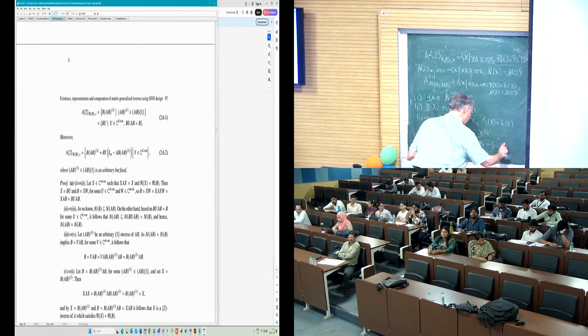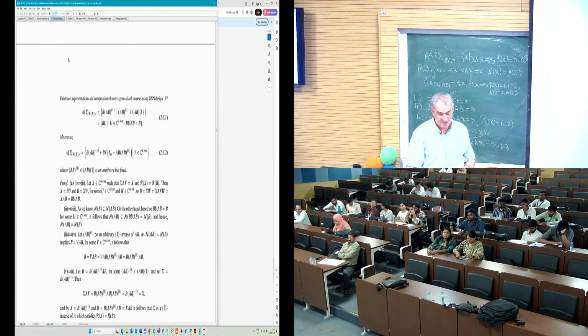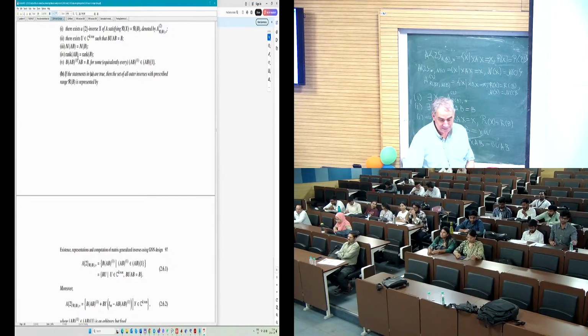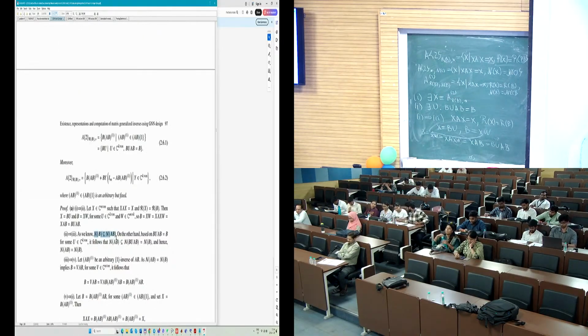It is a BU matrix equation, BUAB equals B, which implies one inclusion: it will be from this space, it is a UAB, of course. Here is one inclusion, here is the opposite inclusion.